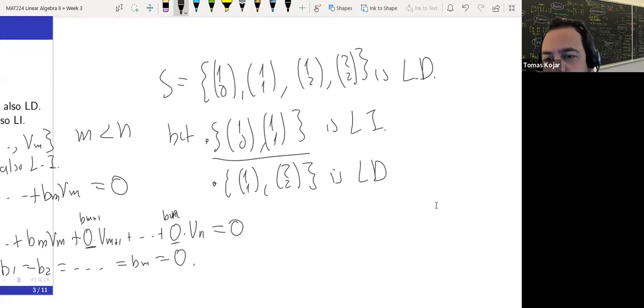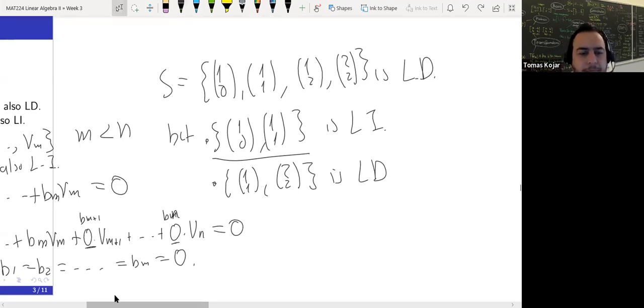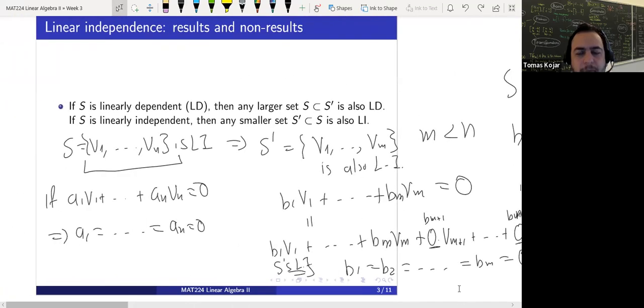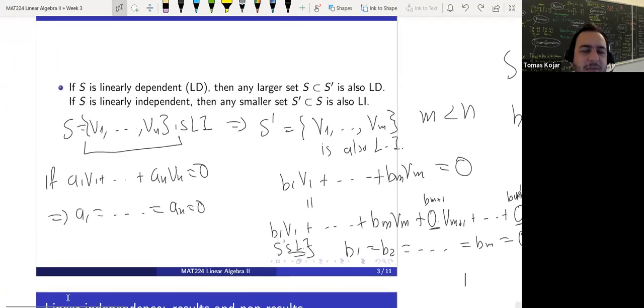Okay. Are empty sets LI or LD? Yeah, so this is in the book, right? So the empty set is by definition, so let me write the zero vector. Anyhow, the empty set is taken to be dependent. I mean, it doesn't even make sense, because you can't even write down the vectors.